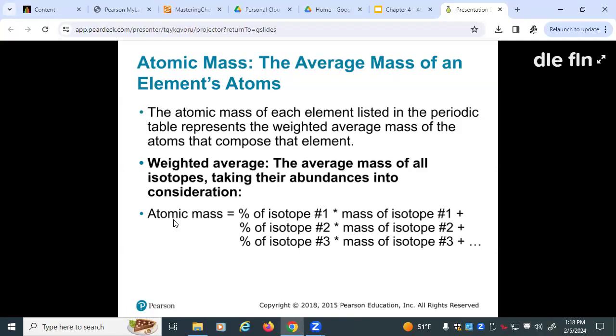Its calculation is a little bit complicated. Its calculation uses something called a weighted average.